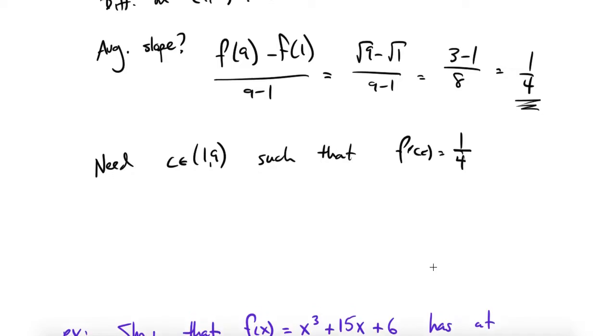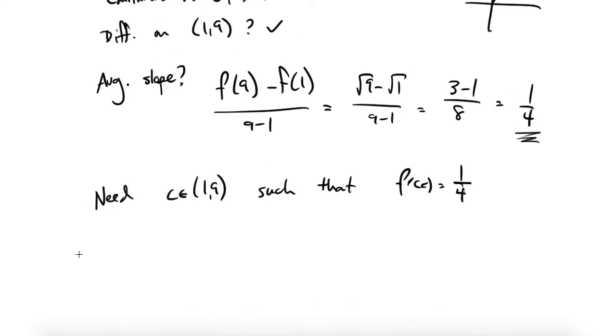So to find this, I'm going to take the derivative of the function, f prime of x, and that's going to be 1/2 x to the negative 1/2, just using the power rule. I want to find out where this is equal to 1/4, because the first derivative is what gives me slopes of tangent lines. So here I've taken the derivative of square root x. I want to know what's the x value that makes this true.